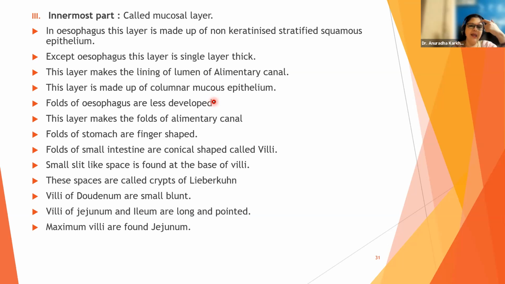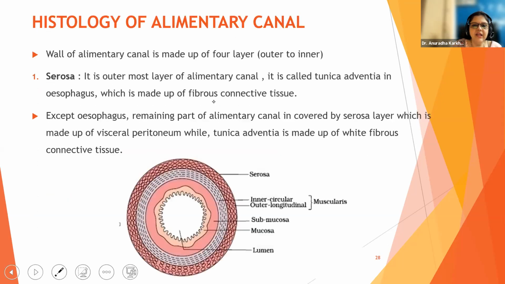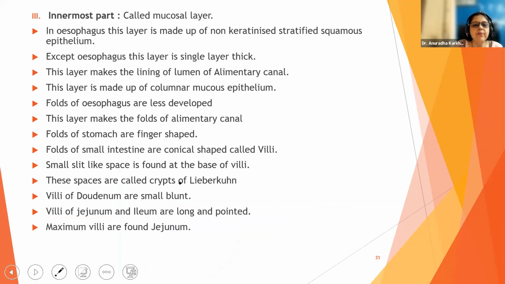Villi of jejunum and ileum are long and pointed. Maximum villi are found in jejunum. So you can see these finger-like projections, these villi. Look, in each organ of the alimentary canal they look different. Here they have shown how they look. In the esophagus, these folds of the mucous membrane are not very prominent. In the stomach, they are finger-like. In the small intestine, they are conical in shape, which is called villi. Villi of duodenum are blunt.